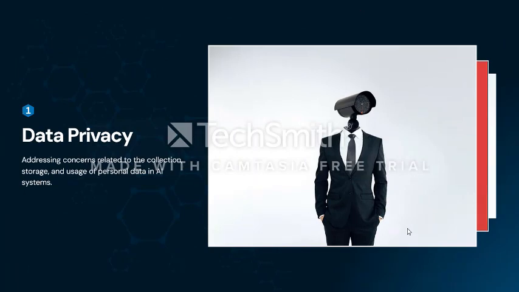So when we say data, because machine learning is dependent on data, there should be some concerns regarding the collection, storage and privacy of the data. The privacy of the data is to be maintained by the organization that is using or collecting it.